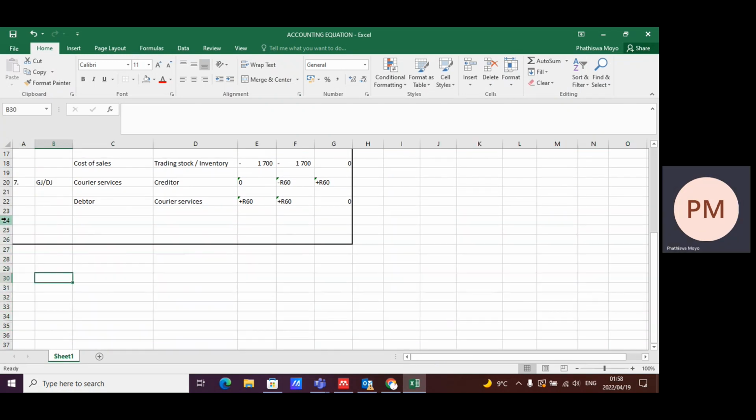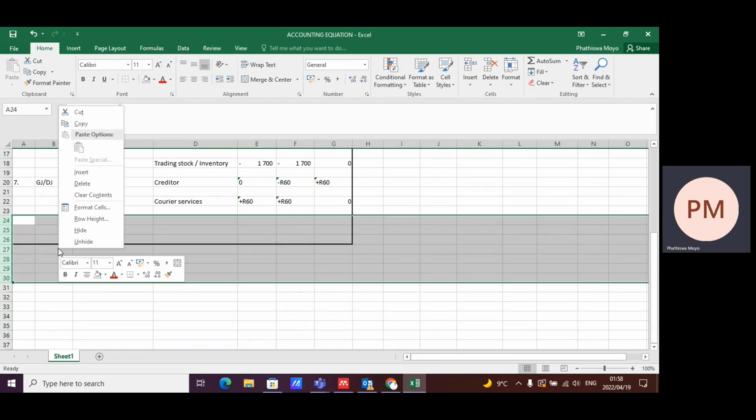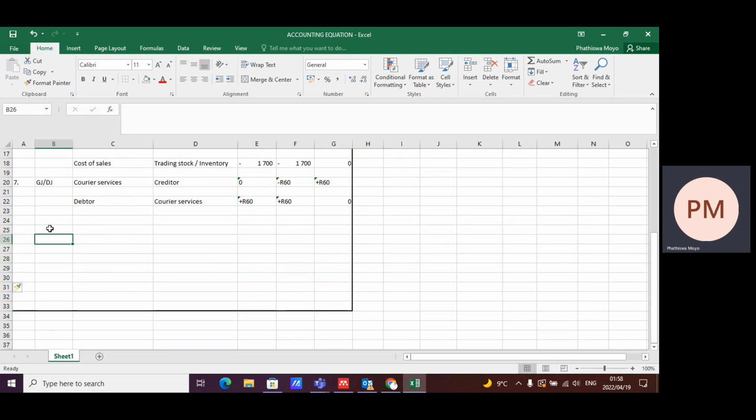Sometimes it's interesting how they would give you this transaction and you would think the discount has been taken. Sometimes the examiner has not taken the discount.